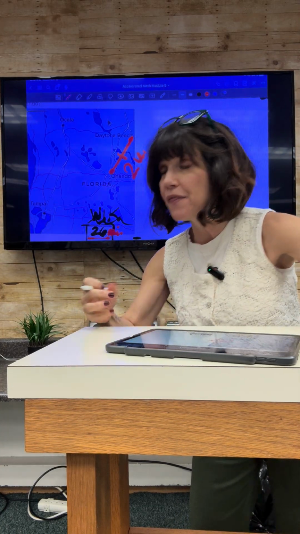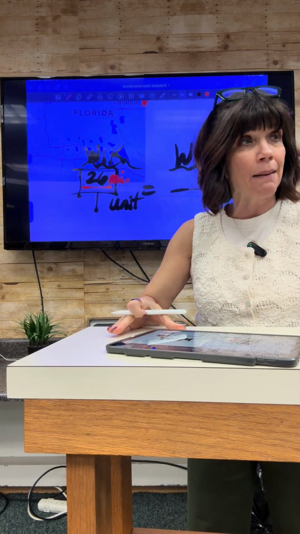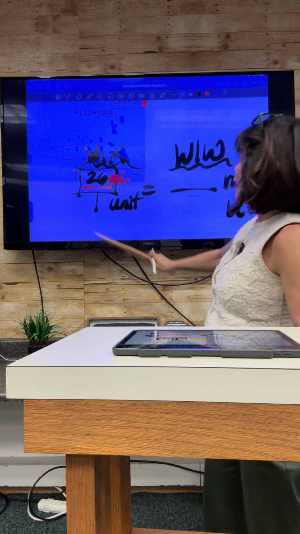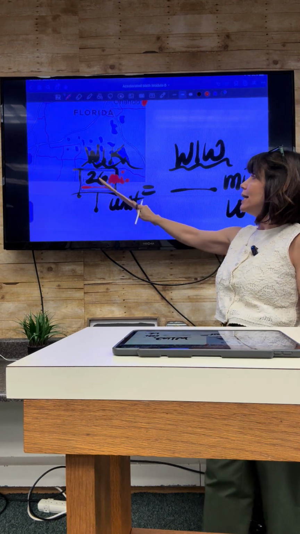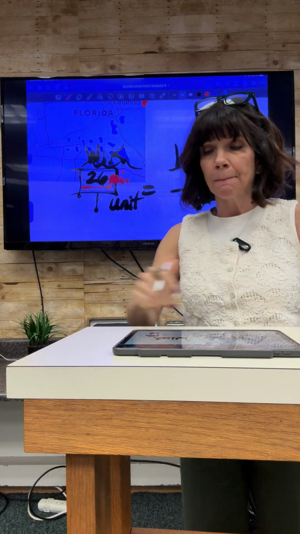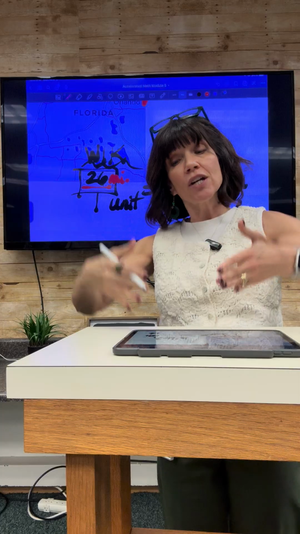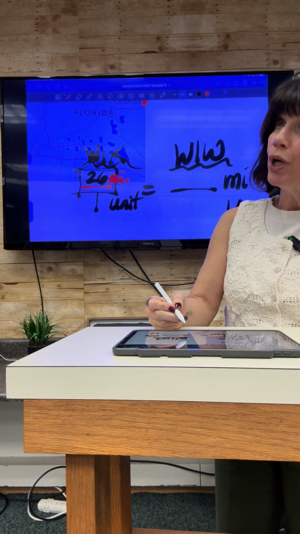Obviously smaller than it is in real life. Do you understand how the key on the map is teaching you that for every 1 unit, it is representing how many miles in real life? 26.